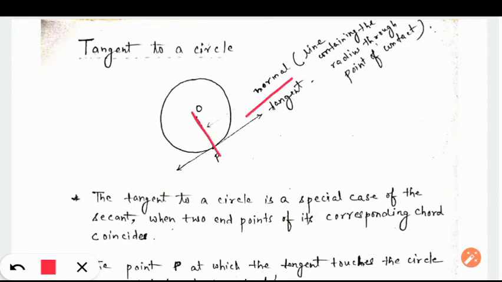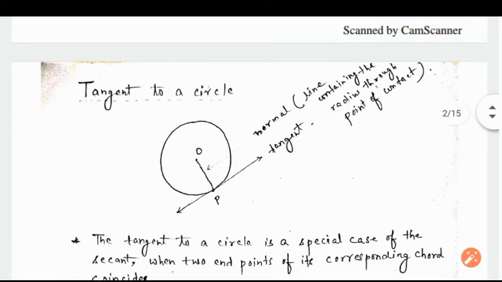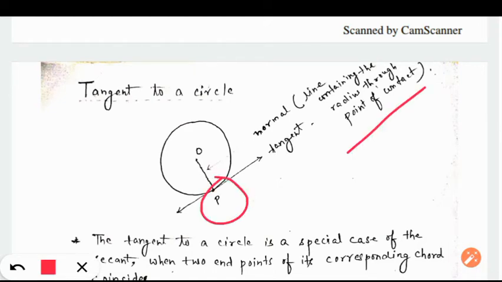We call it normal. See what I have written within the bracket: line containing the radius through the point of contact. This point P at which the tangent is drawn to the circle is known as the point of contact. So the line containing the radius through the point of contact is known as normal.